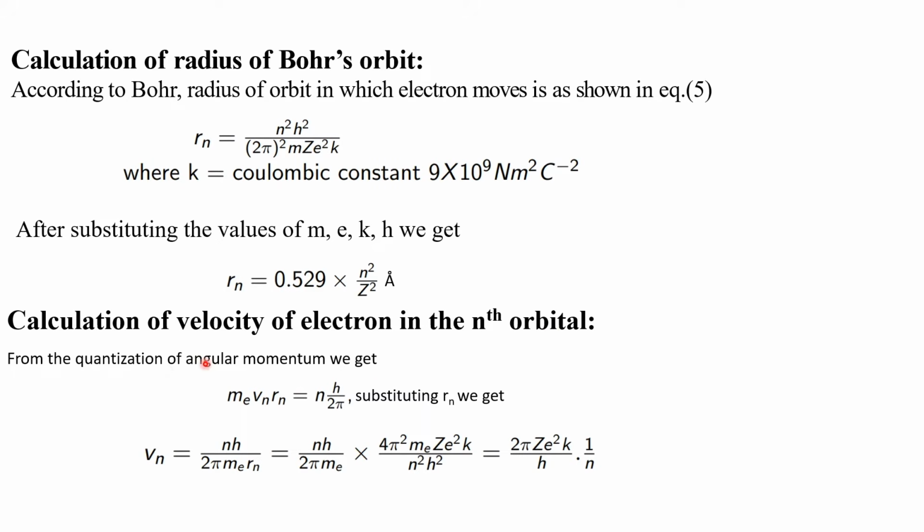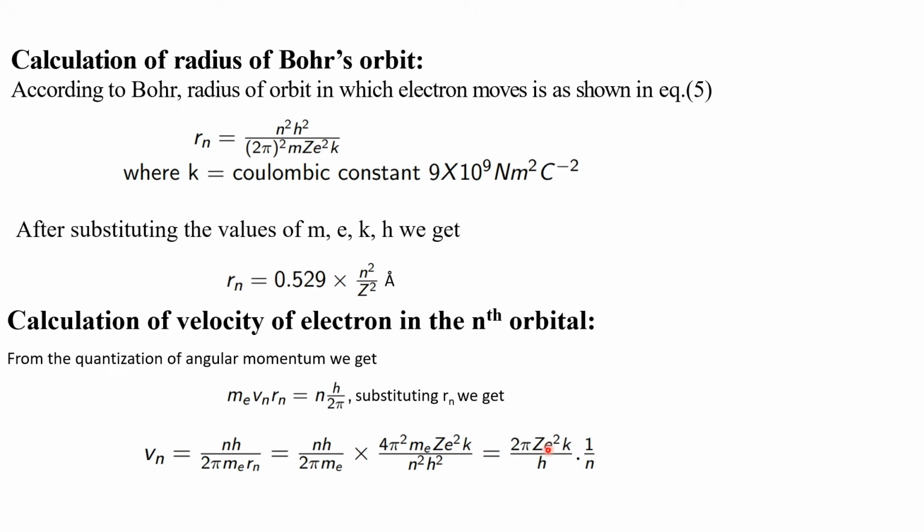We can also calculate the velocity of the electron in different orbitals. From the quantization of angular momentum, we get mvr is nh by 2 pi, as I already discussed. Here we consider me is the mass of one electron, and v is the velocity of the electron in the nth orbital. So vn is nh by 2 pi me rn, and if we put the value of Rn, we arrive at this expression.